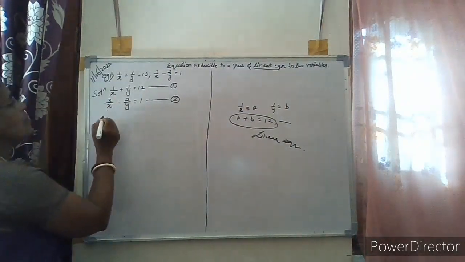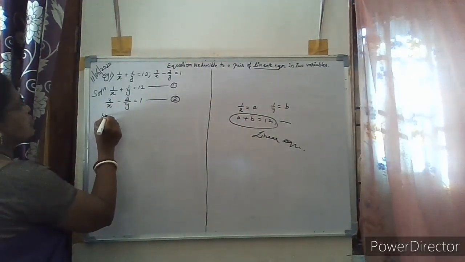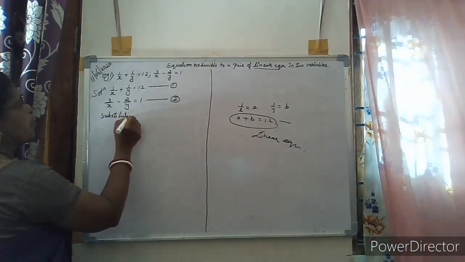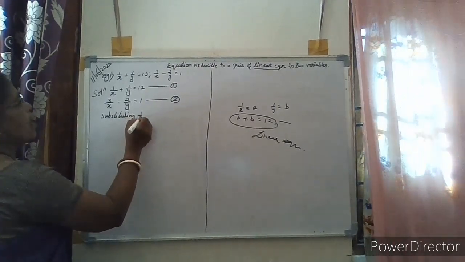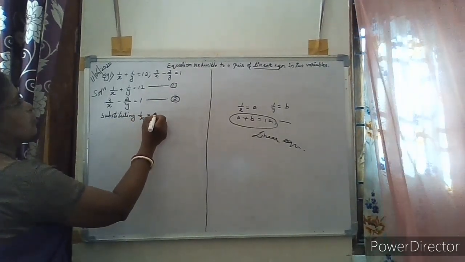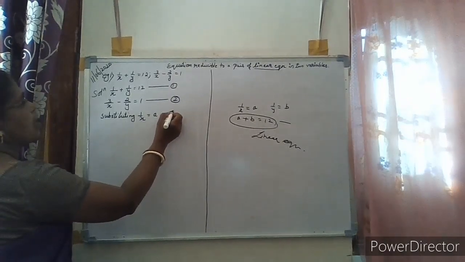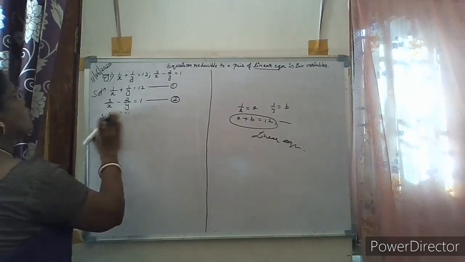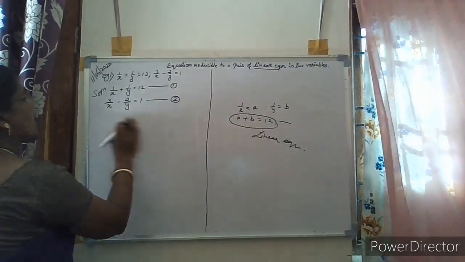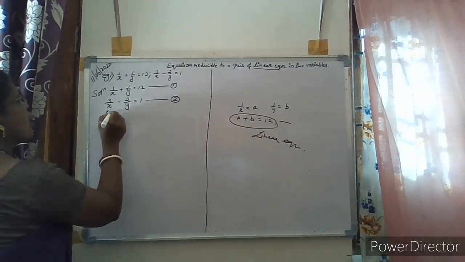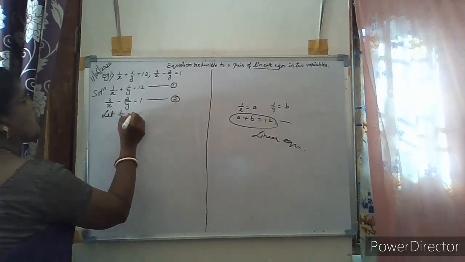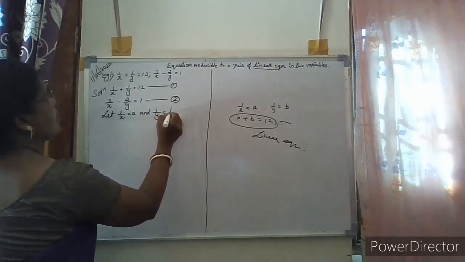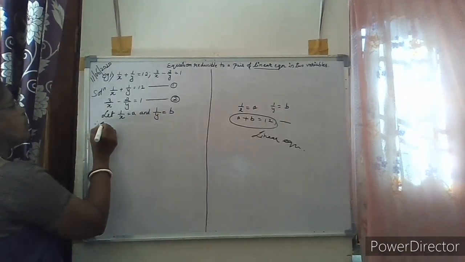Therefore, we will substitute. Let us take 1 by x is equal to a and 1 by y is equal to b.